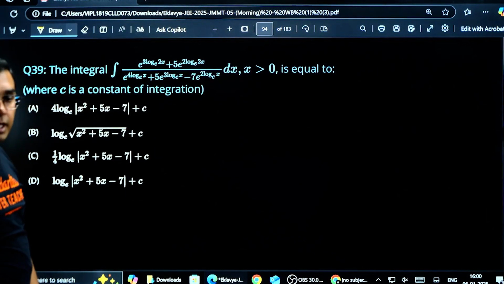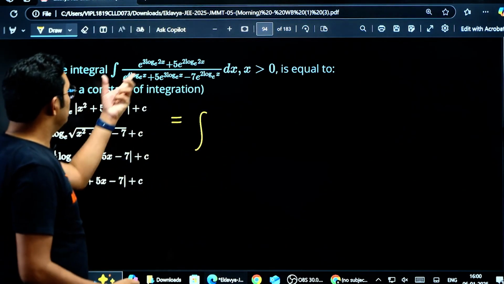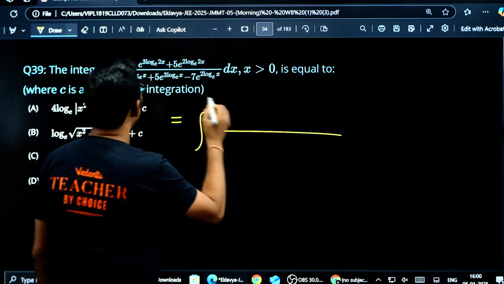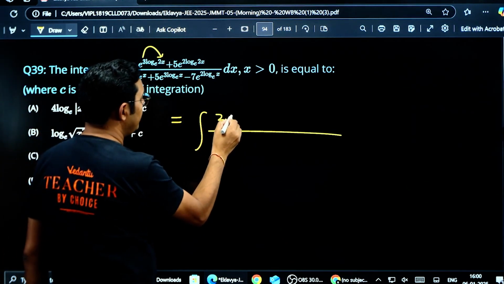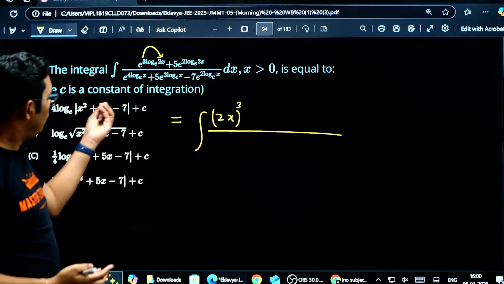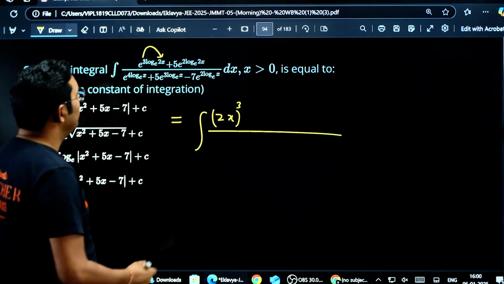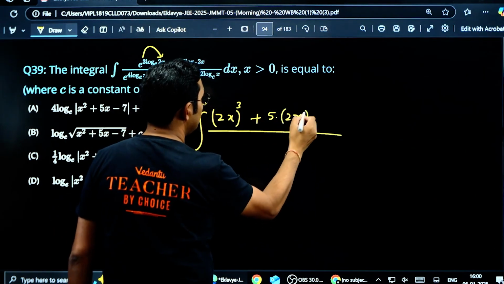Yeah, a very nice question. Actually, they have used the properties of e and log. So for the first term in the numerator, if I bring this 3 onto the power of 2x, it will be (2x) whole power 3, and then e and log of base e will be removed. Similarly, here it will be 5 into (2x) whole square.